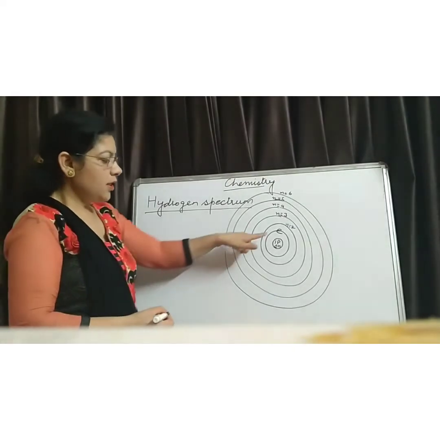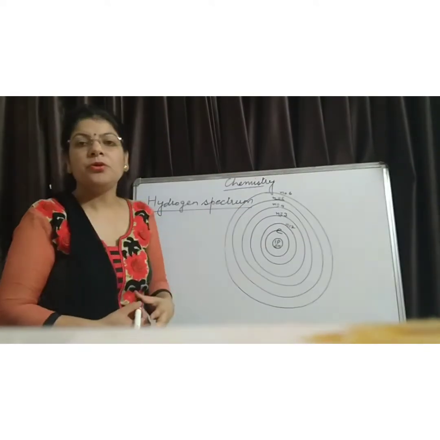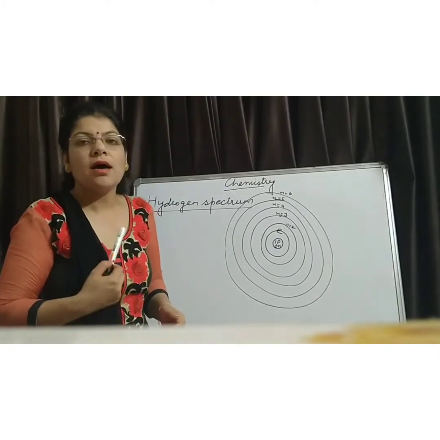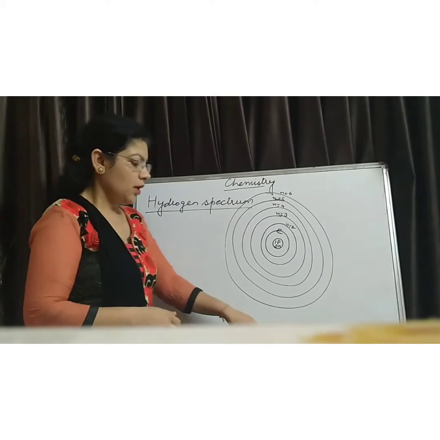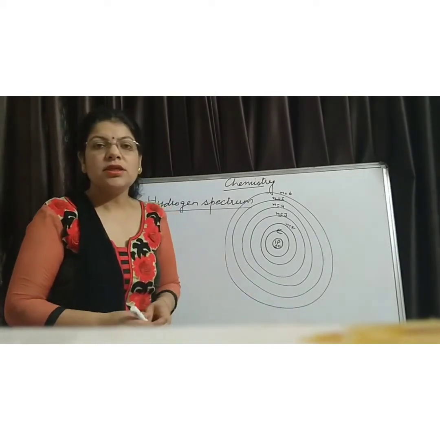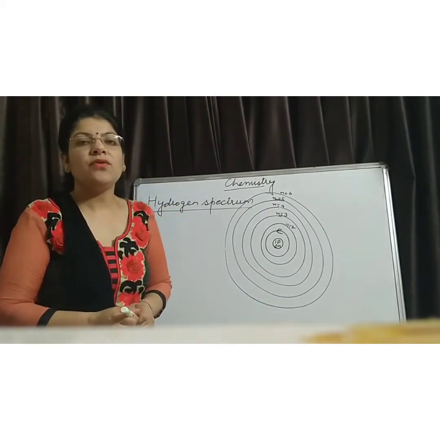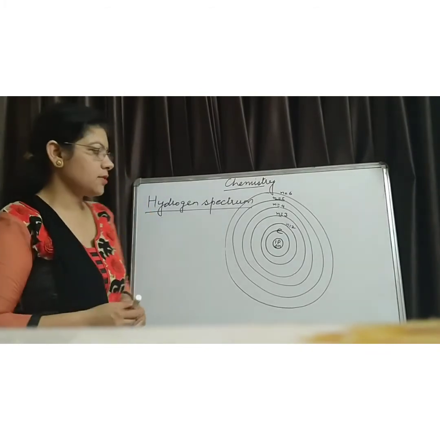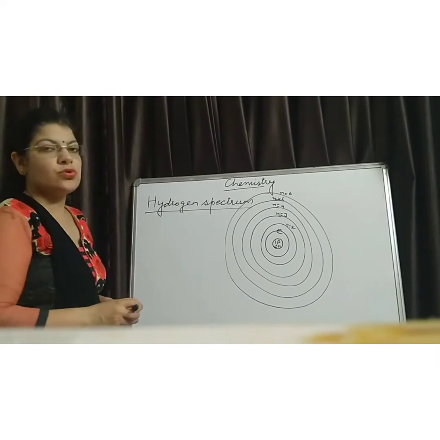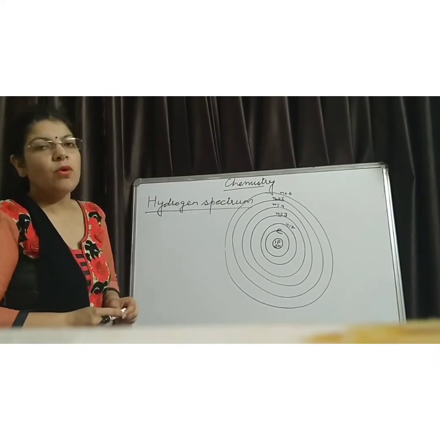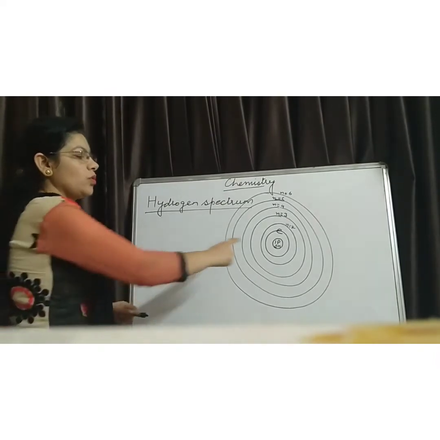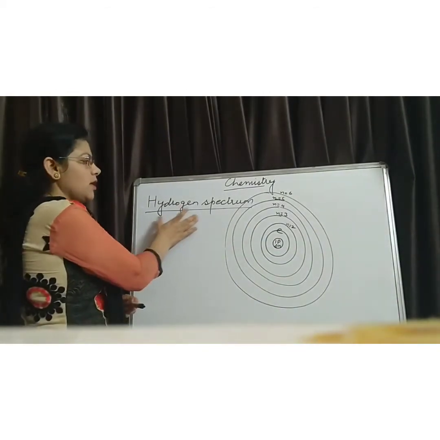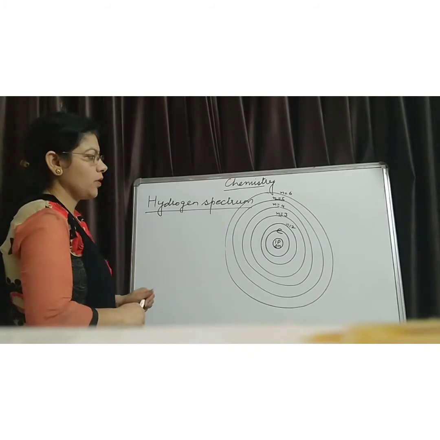When this electron jumps into an inner orbit, this electron releases the extra energy, and that energy falls in different wavelengths or different regions. And we saw a spectrum of different wavelengths for the single electron. That spectrum is known as the hydrogen spectrum.